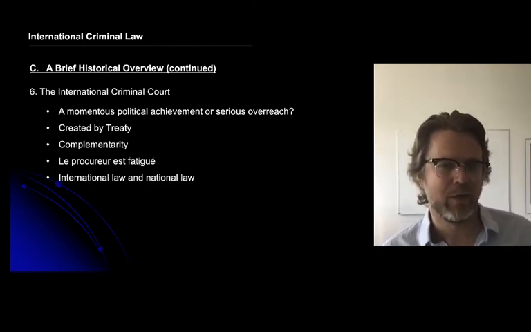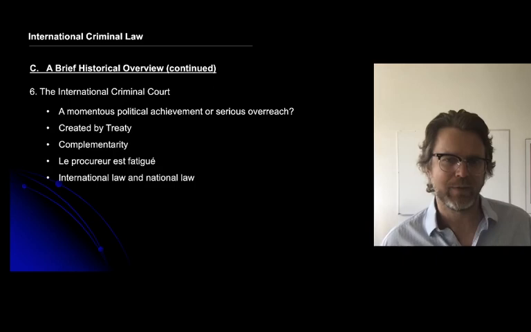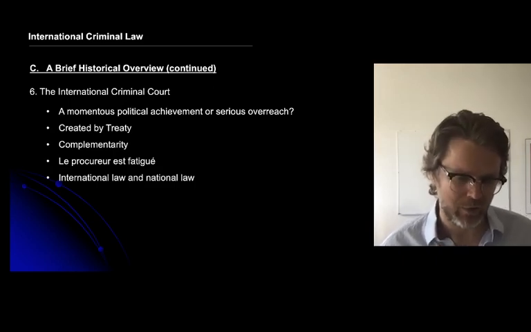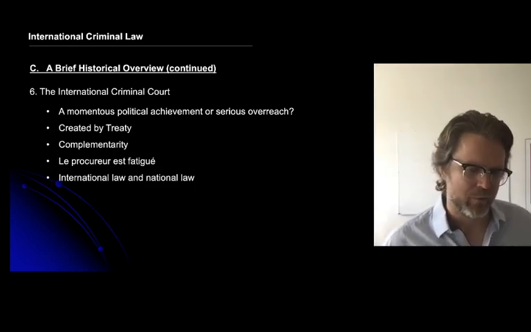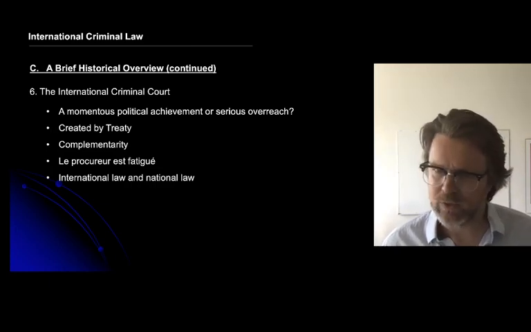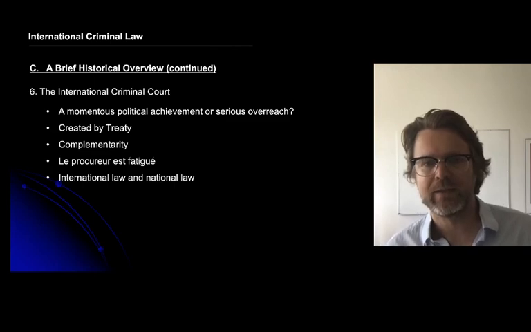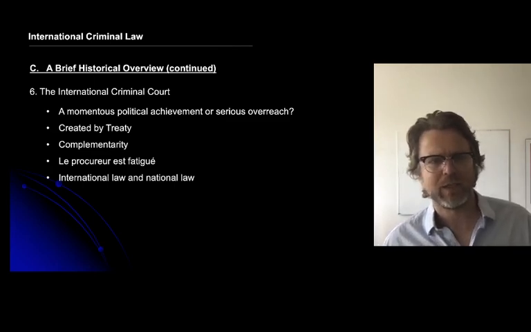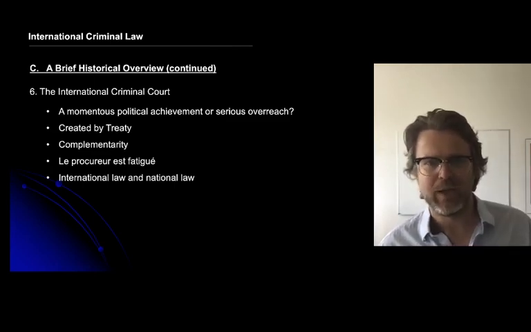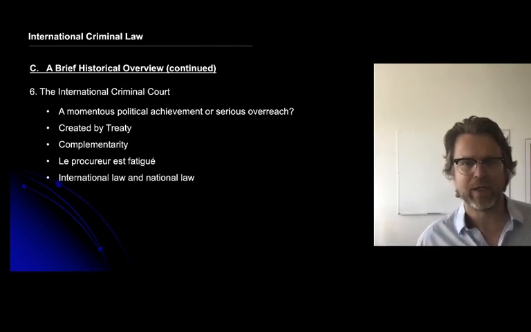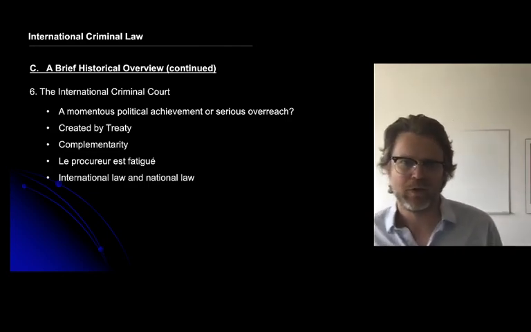I won't say more about "le procureur est fatigué", except that it was a slogan mentioned to me by Congolese friends when I worked there, who just perceived the court as way too slow, doing way too little, and felt a really immense confusion about why there was this lofty rhetoric and such poor performance.